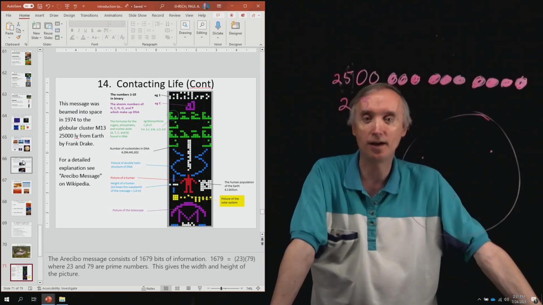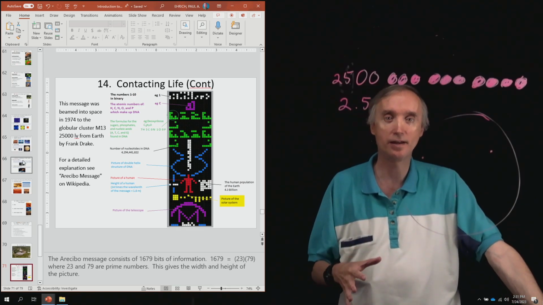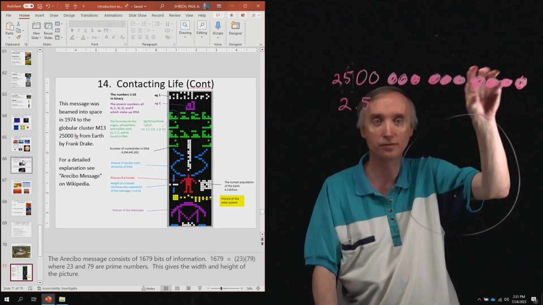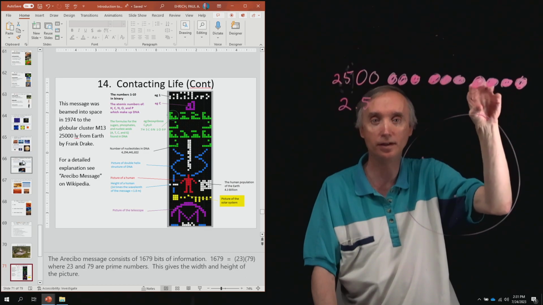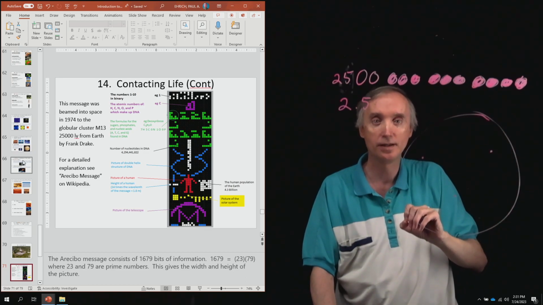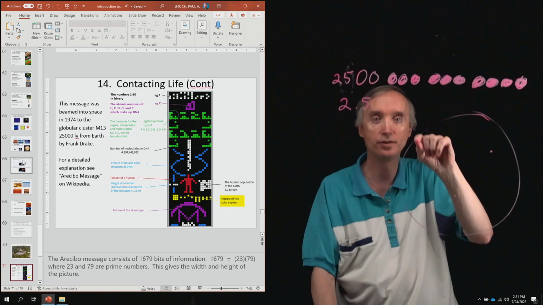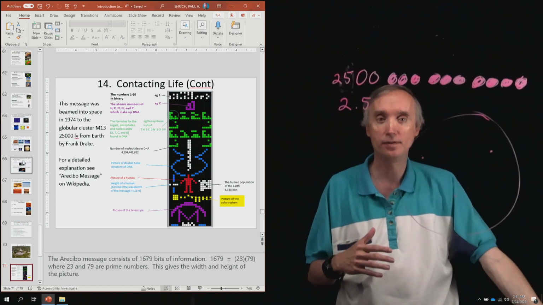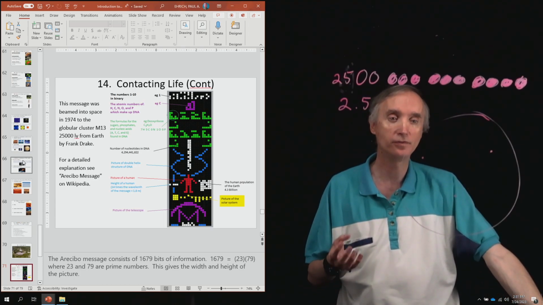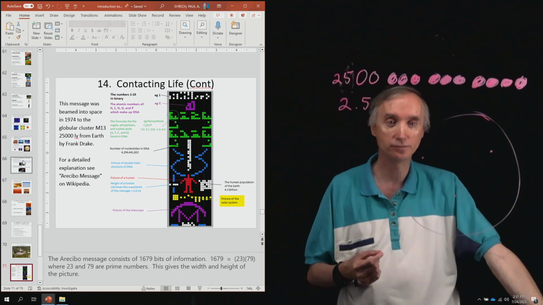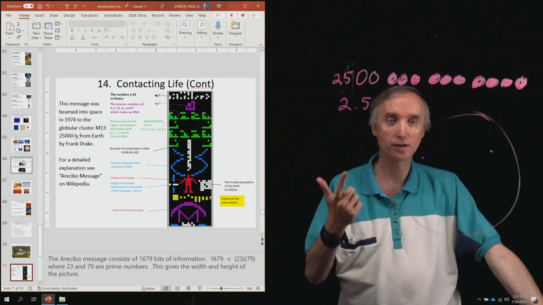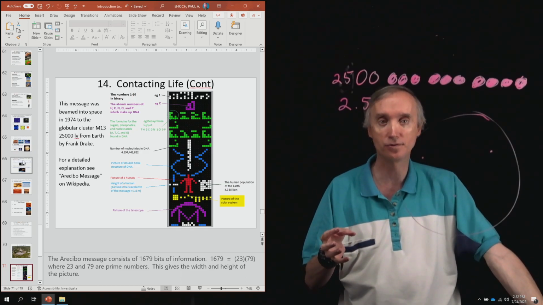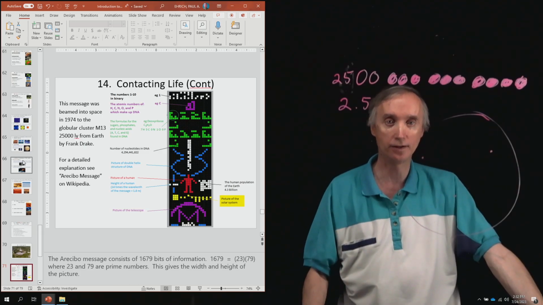So what does the Arecibo message say? Up at the top, it gives you the numbers from 0 to 9 in binary. Then underneath it, it tells you what are the main elements found in life. So it was oxygen, carbon, and hydrogen. So it gives the atomic numbers of the main elements that are found in life.